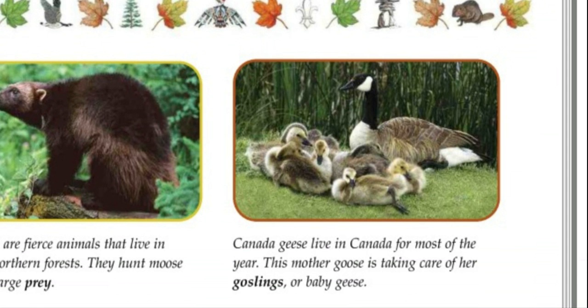When I went to Credit River in Mississauga, I saw a family of them, and they were just little baby ducks following their mother. Canadian geese live in Canada for most of the year. This mother goose is taking care of her goslings or baby geese. These are very common animals. You can see them almost everywhere.